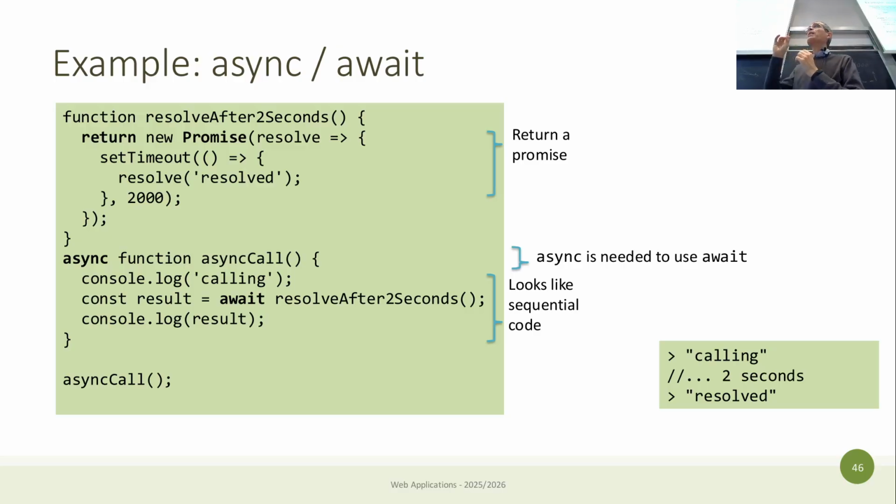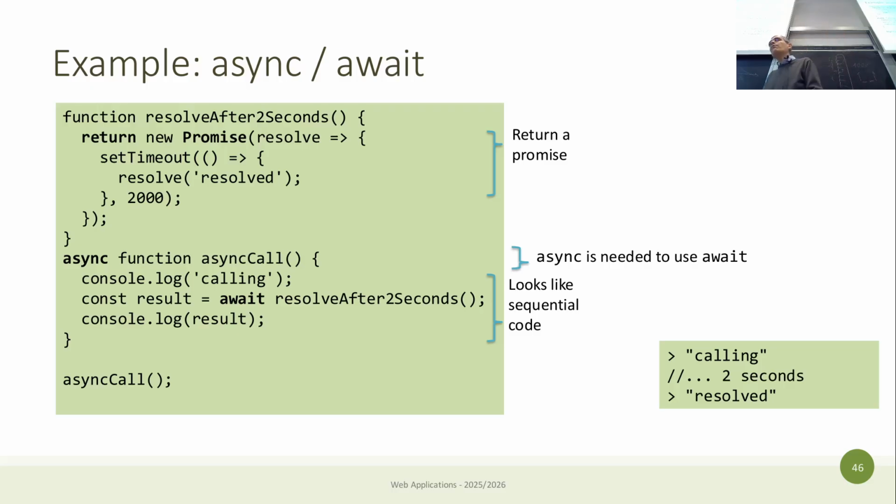Note that there is a limitation in how you can use await. Await can only be called inside asynchronous functions. Why? Because functions that use the await need to be able to stop the execution. Okay? So that's a limitation that comes together with the await.